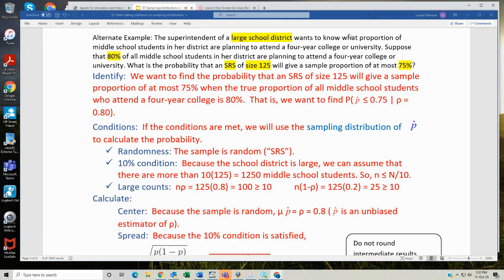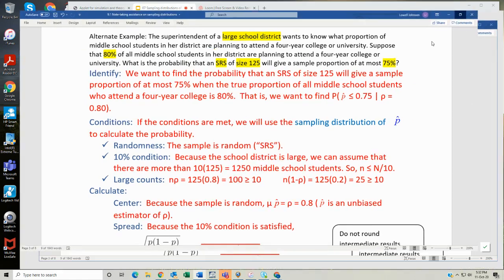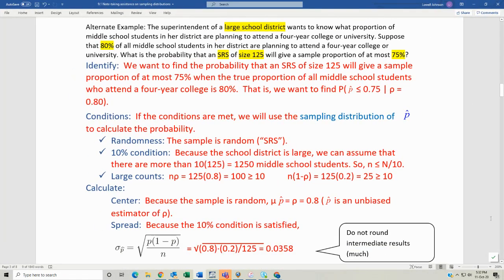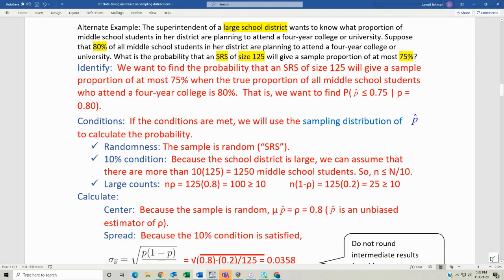Let's go to this problem over here. Let's say the superintendent of a large school district wants to know what proportion of middle school students in her district are planning to attend a four-year college or university. Now, suppose that the true proportion is 80%.